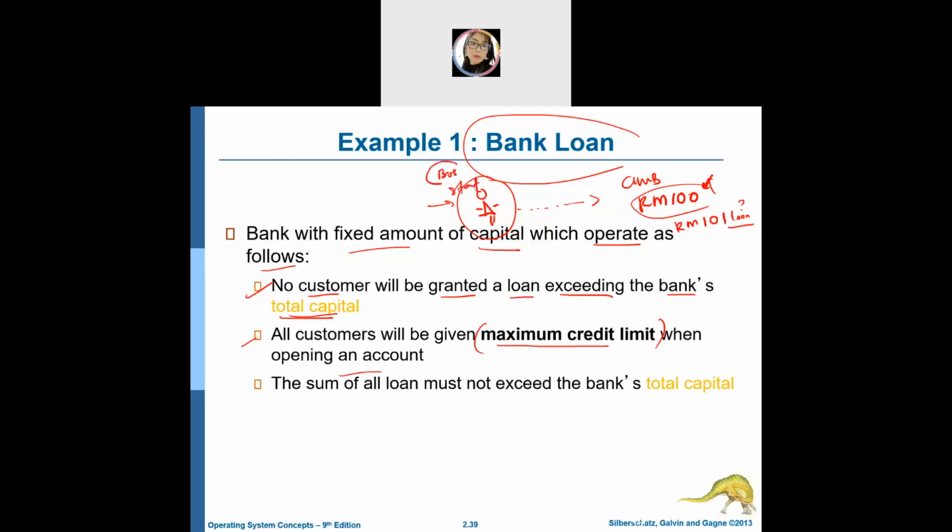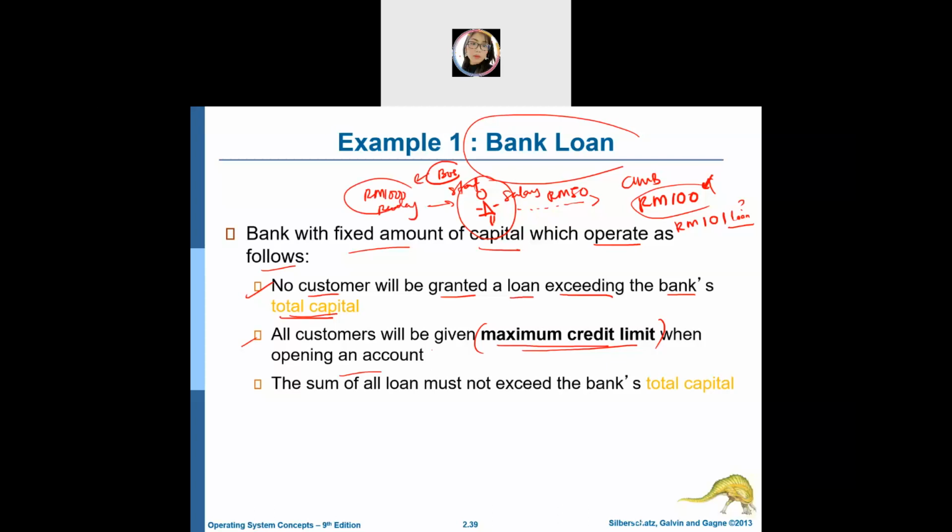Of course as a boss, you have a much higher credit limit compared to me, because my salary is maybe only RM50 per day, but your salary might be RM1000 per day. So of course you can support a higher credit limit.